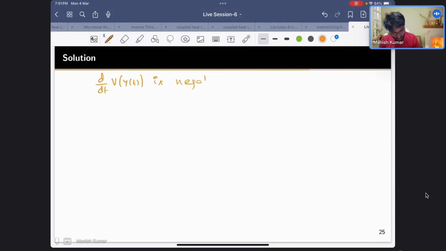That is the simplest thing. And hence, when this derivative is negative definite, what you can conclude is that (0, 0) is asymptotically stable.